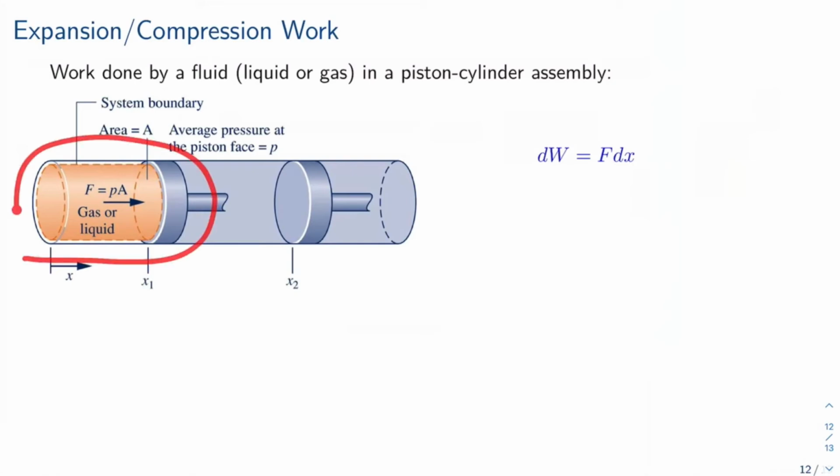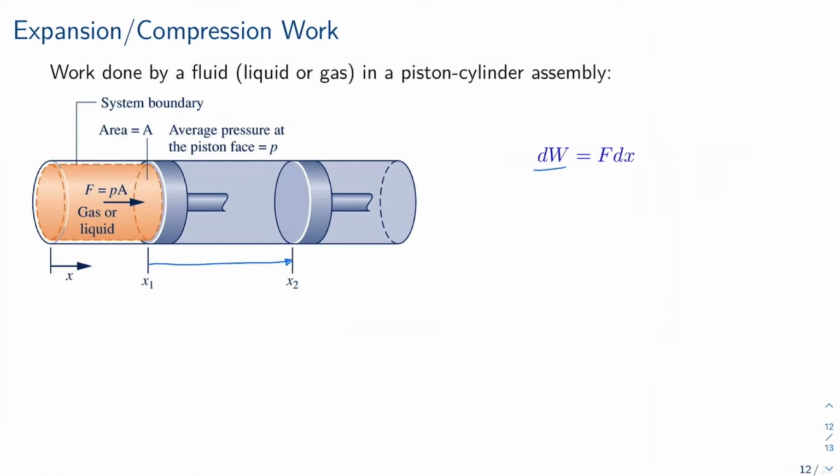Let's consider the cylinder is originally in this position and is filled with some gas or liquid and is under pressure, so the pressure will be applied over the surface of the piston and it will make it move from the x1 to the x2 position. So that's the total displacement.